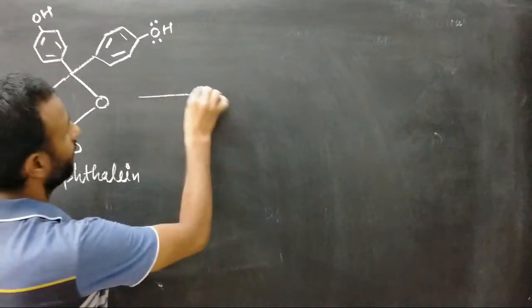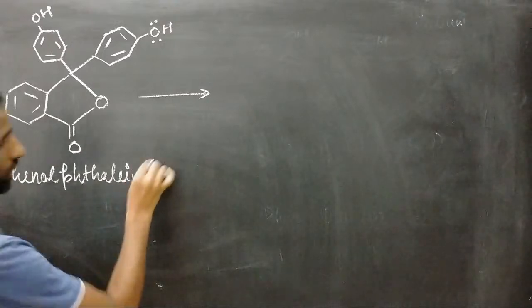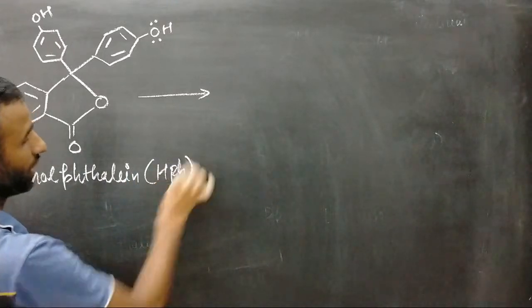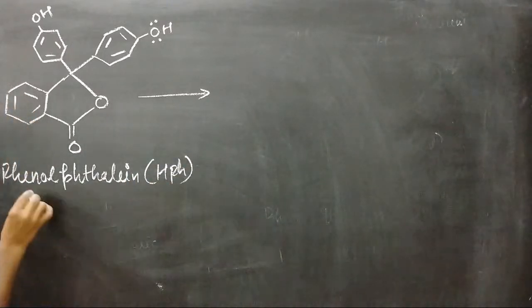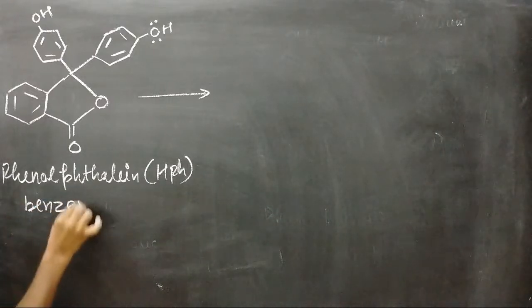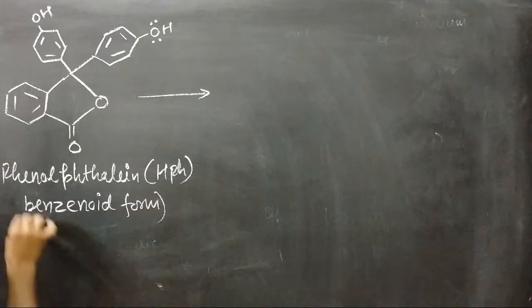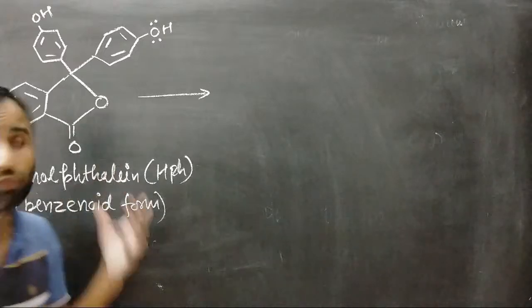Now, in acidic medium, it exists like this only. So, in short, we write it like this, HPh. Okay, and this is called the benzenoid form of phenolphthalein.